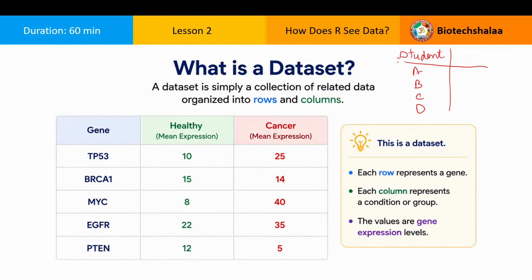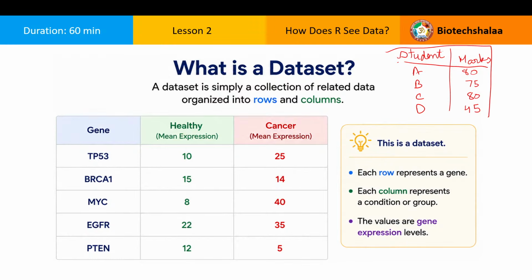And here, for example, we have marks, for any subject, maths or biology. Student A has marks 80, student B has marks 75, student C has marks again 80 and student D has marks 45.